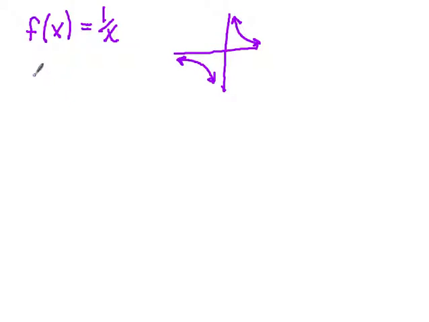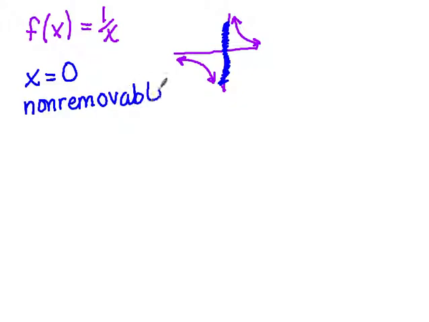So x equals what? 0. Now I need to classify what kind of discontinuity is at 0. So right here is where my discontinuity is. Can I put a dot right there and remove that discontinuity? So this is a non-removable. And we'll add some more stuff to it.